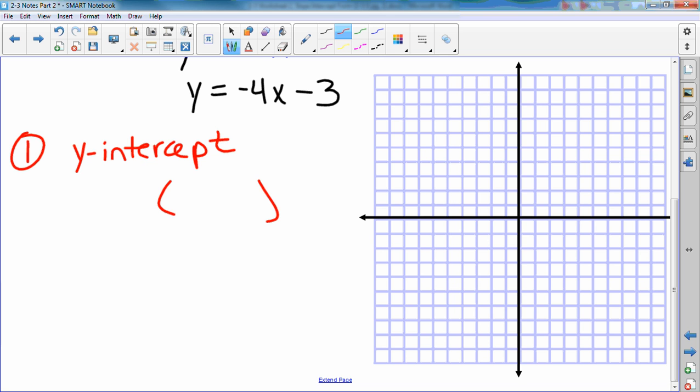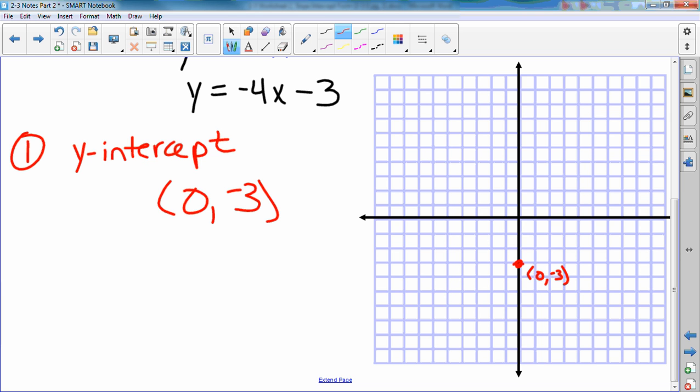Well, we know it's got to be 0, -3 because any point on this line has no x value. Because x tells you to go right and left, and if it crosses the y-axis it doesn't go right or left. So it has to be 0, -3. I made up the 0 because I know if it crosses the y-axis, the x value has to be 0.